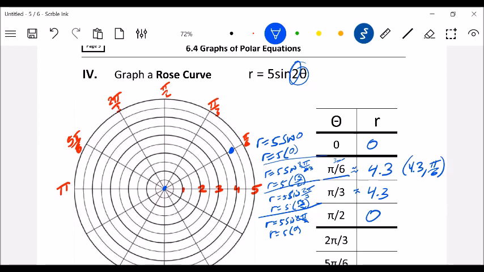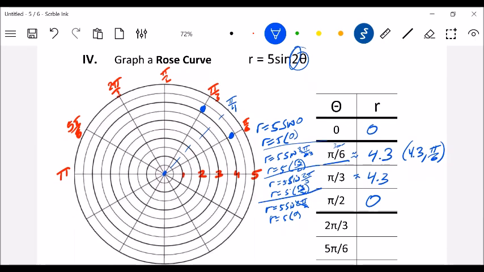Let's graph this one here, and this one here. So we have an interesting shape. I don't have pi over 4 on here, but it's appropriate to do it, because it looks like there should be a point here. It's coming up like this, should go up to another number, and come down like a petal does.